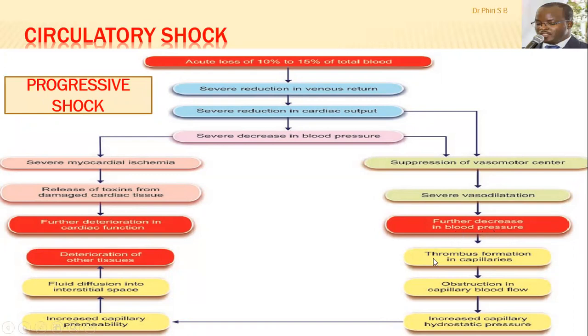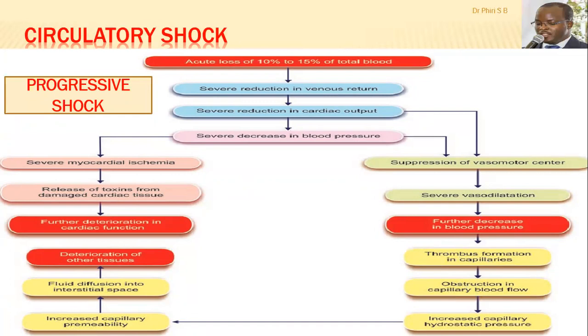Then you have thrombus formation in the capillaries. If you have a decrease in blood pressure, the blood flow is going to decrease, and the tendency of thrombi to form is going to increase. So thrombi are going to form within the capillaries, causing obstruction of capillary blood flow, because the capillaries are so small. If you have clots taking place there due to DIC, then you have obstruction.